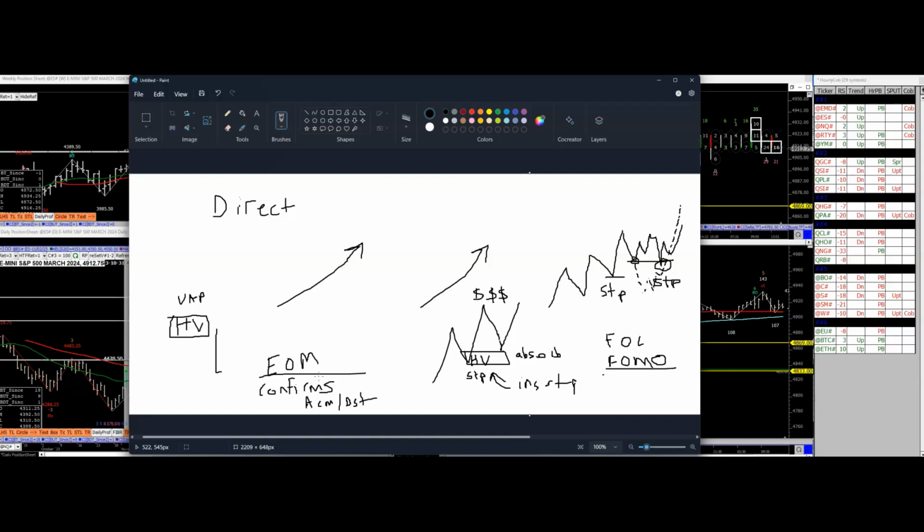In the case of distribution, they will remove the buy orders underneath that distribution, so you have a big red bar. And that big red bar is your ease of movement.